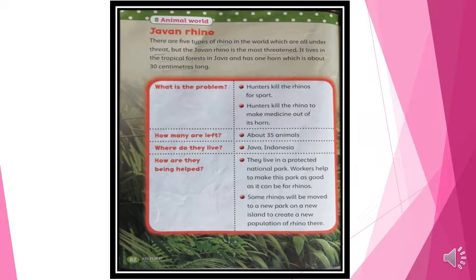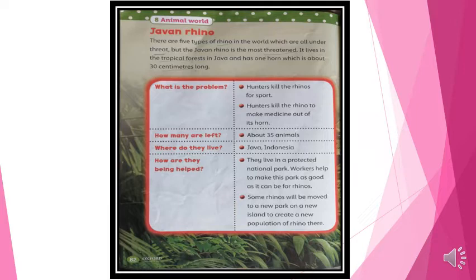So out of all the species of rhinos, Javan Rhino is the most threatened one, and it is going extinct speedily. It lives in the tropical forests in Java and has one horn which is about 30 centimeters long. And what is the length of the horn? Yes, it is 30 centimeters long.